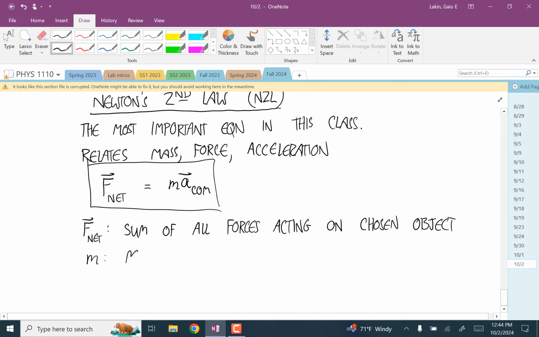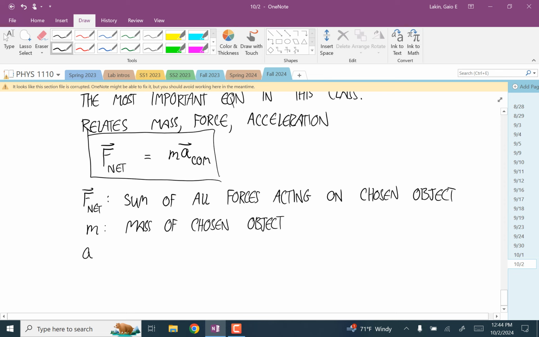M is the mass of the chosen object. And a COM is the acceleration of the chosen object's center of mass.